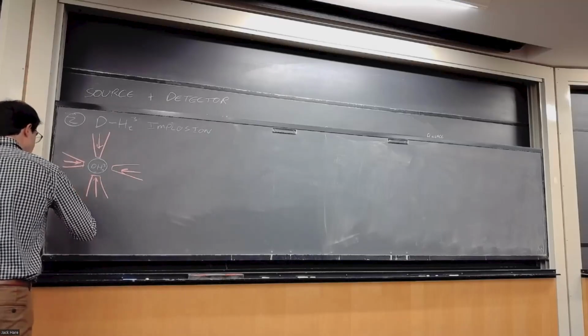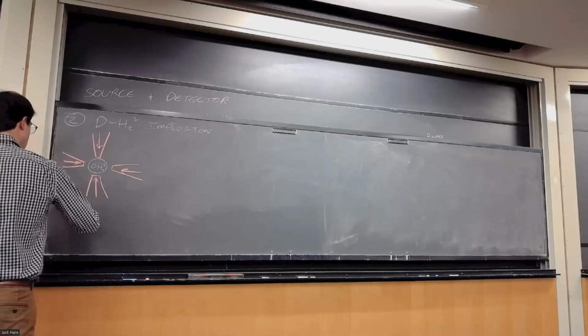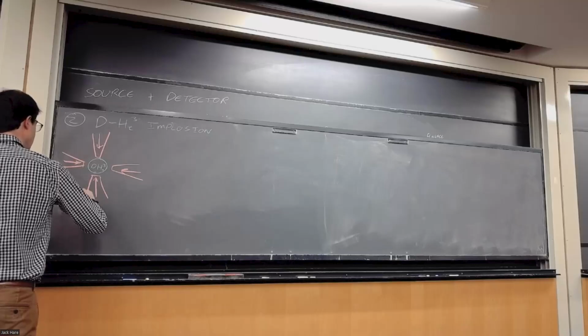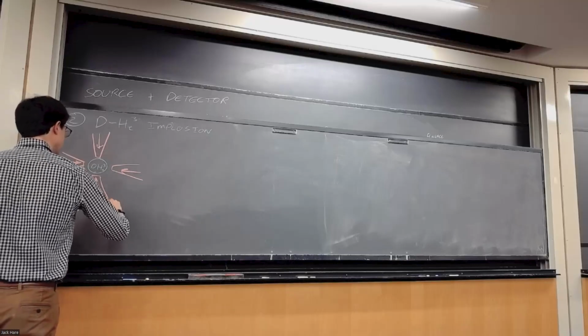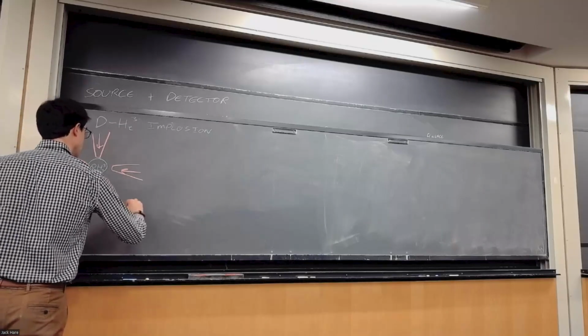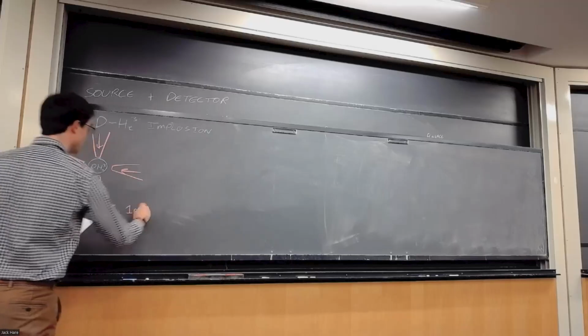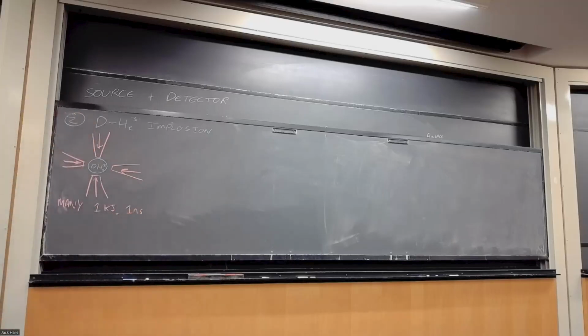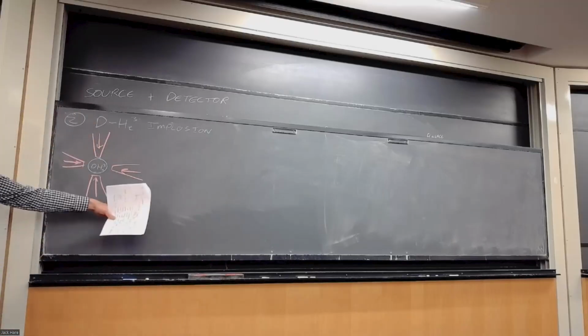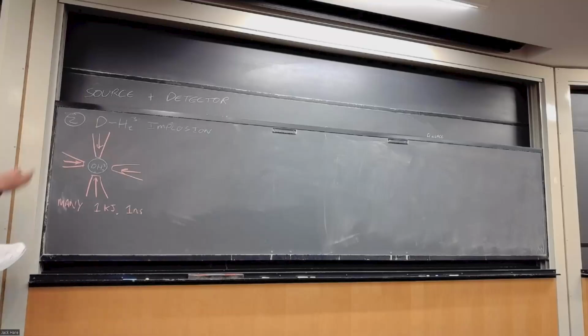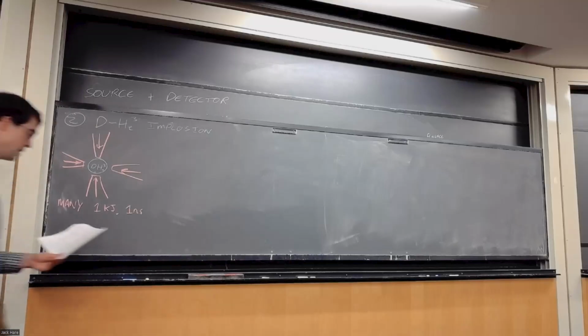So just to say for this, you need to have multiple, I'm going to write many, kilojoule class beams with a 1 nanosecond pulse. 1 nanosecond in the laser world is considered a long pulse, right? So these are much longer than picoseconds and femtoseconds, but these are long pulse lasers.